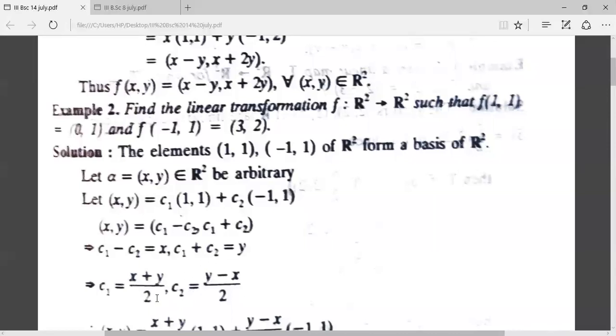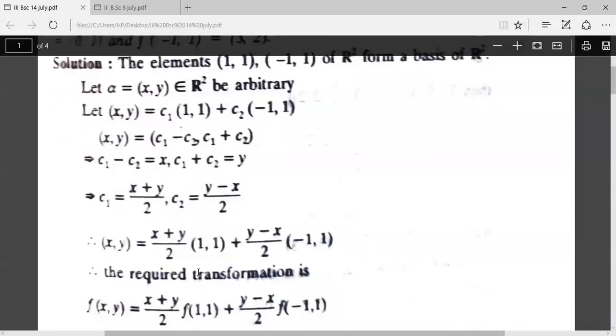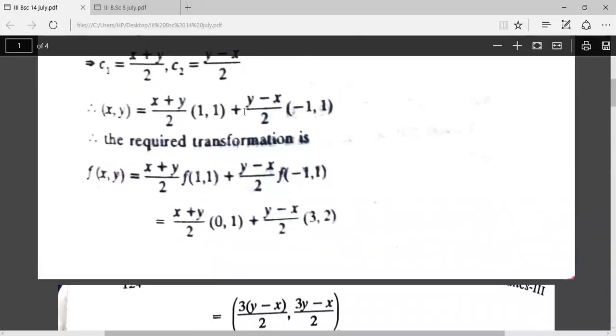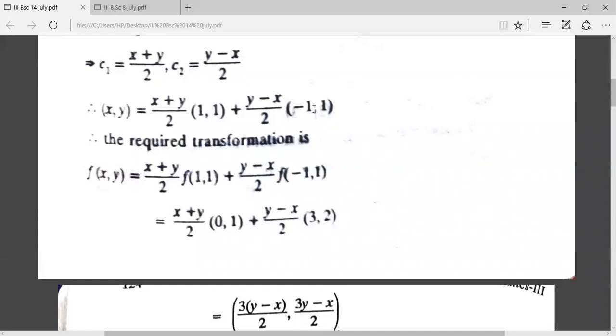Once you know the values of C1 and C2, substitute here, that is (x, y) equals C1 value (x plus y) divided by 2, C2 value is (y minus x) by 2. So if you substitute, you will get (x, y) equals ((x plus y) divided by 2) into (1, 1) plus ((y minus x) divided by 2) into (-1, 1).